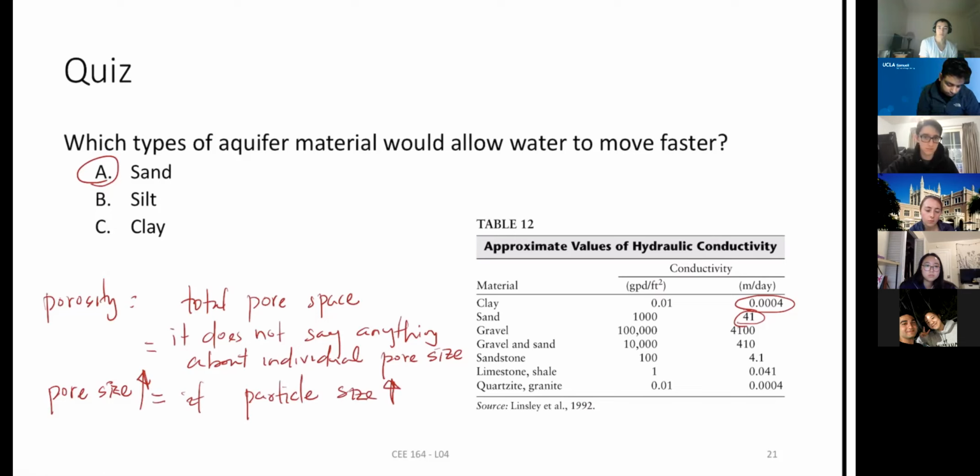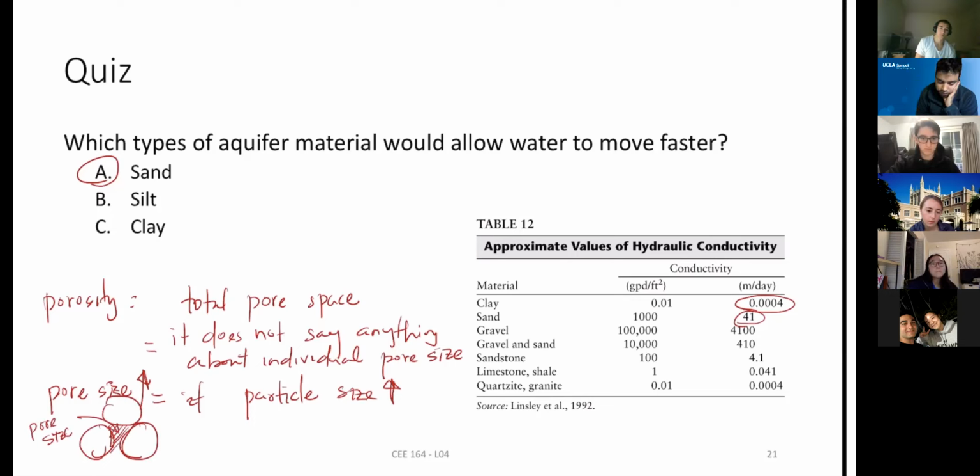So that is pore size. This is pore size, okay? If the particle becomes bigger, the pore size increases.